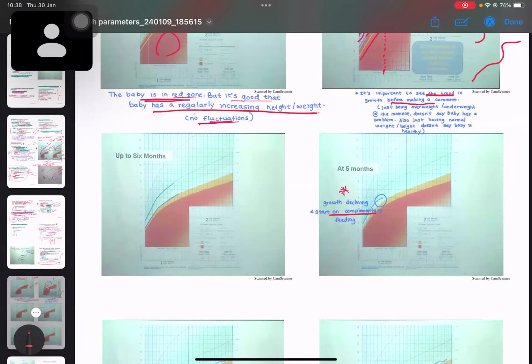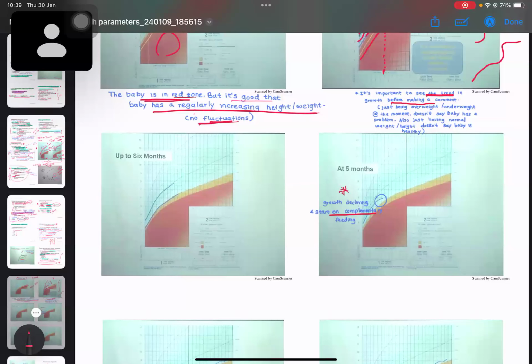They won't give the CHDR and ask you to comment, but for MCQs, definitely one question will be on CHDR and growth. Sometimes you will get cases like malnutrition, severe acute malnutrition, moderate acute malnutrition.